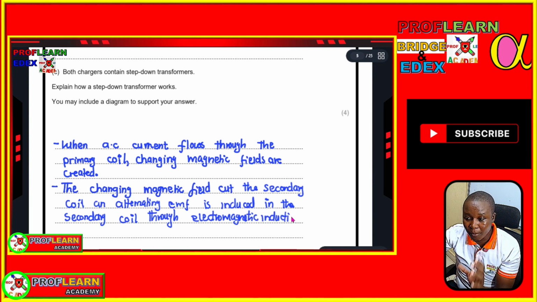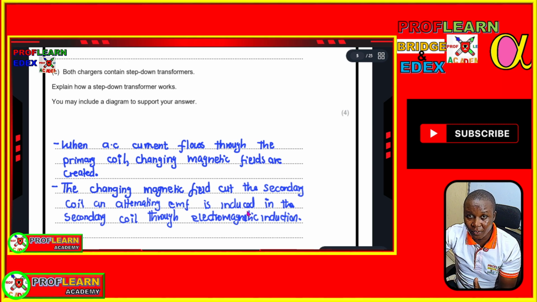And now the most important aspect that you have to remember is transformers work with alternating current. They cannot work with steady direct current, because direct current doesn't create magnetic fields which are constantly changing size and direction. So if you are asked to state how a transformer works, be very straightforward and say when alternating current flows through the primary coil, they create magnetic fields which are constantly changing size and direction.